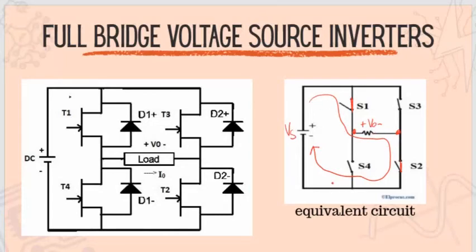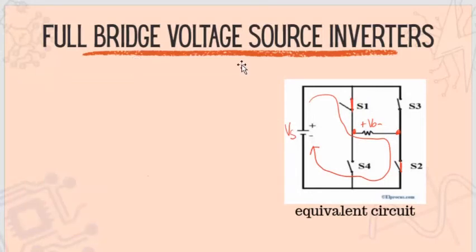So the KVL equation at this loop: positive Vs minus Vo equal to 0.